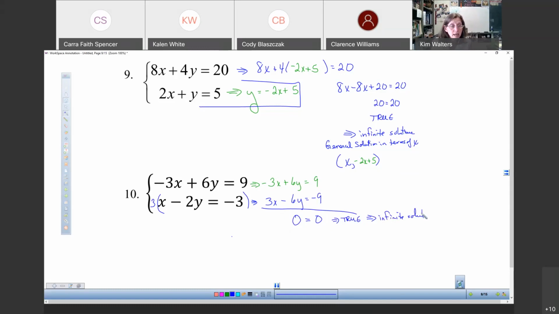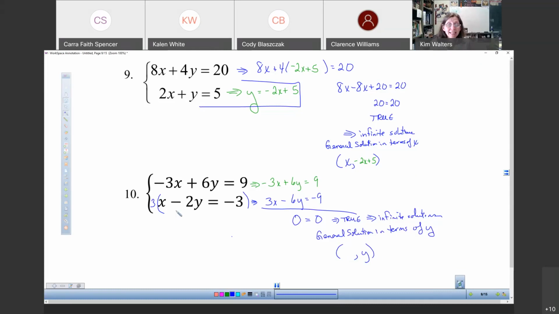And this time, we're going to write our general solution in terms of y, okay? So that means that my ordered pair is going to have a y here, and then we're going to write x in terms of y.